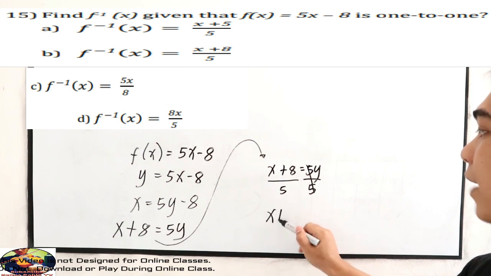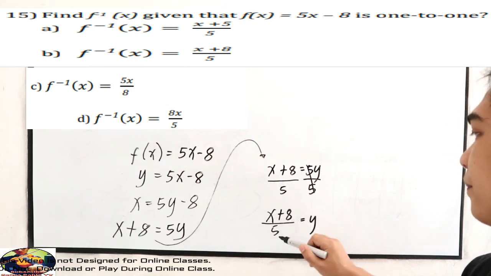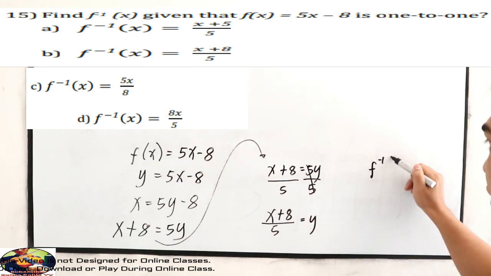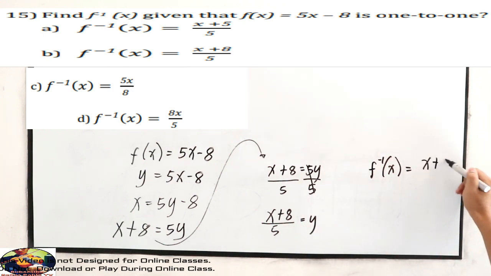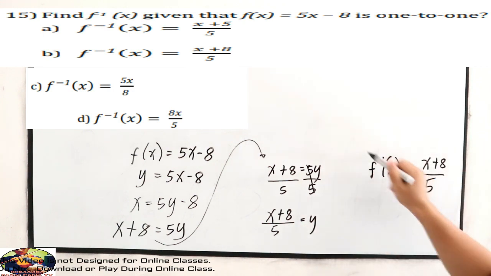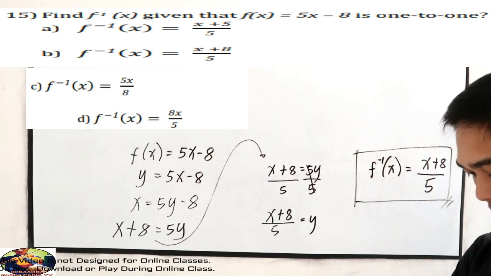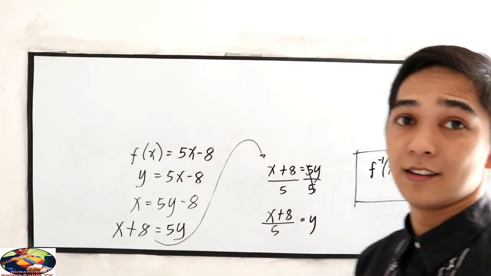Now we have (x plus 8) over 5 is equal to y. To write our inverse, that is f raised to negative 1 of x is equal to (x plus 8) all over 5. This is now our inverse. For number 15, that is letter B. B again.